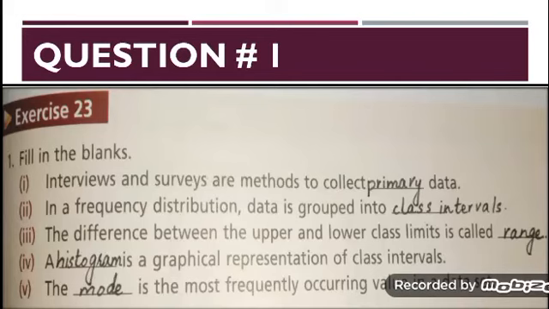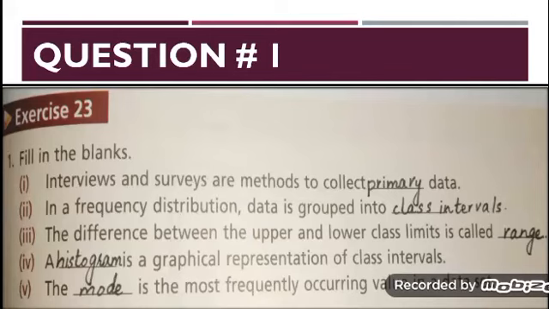Second statement is: in a frequency distribution, dash. Frequency distribution means the grouped data which is represented in the form of a table. In a frequency distribution, data is grouped into class intervals. Statement 3 is: the difference between the upper and lower class limit is called range. About range, I have told you in the previous lecture, and we also found the range in the question.